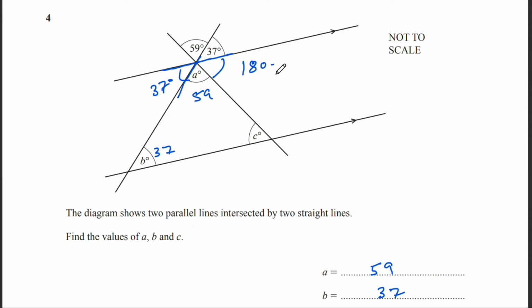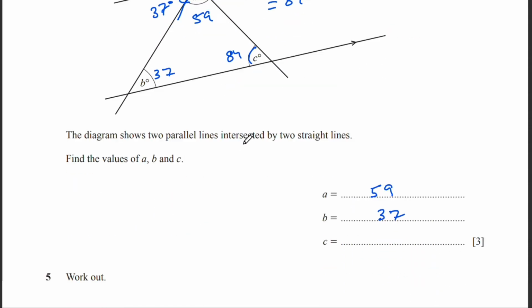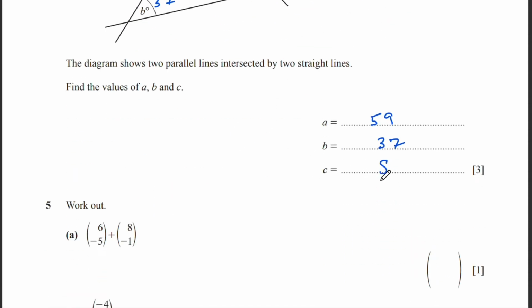So this is 180 minus (59 plus 37). So that is 84 degrees. Now again, these 2 lines are parallel. C is what? Alternate angle. So C is also equal to 84 degrees. So the answer for C is 84.